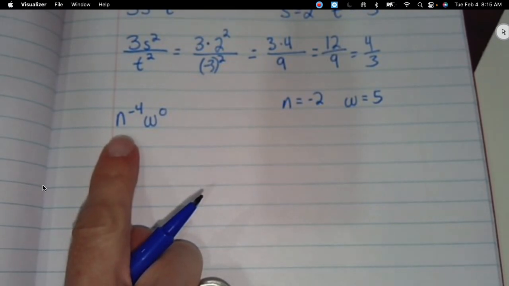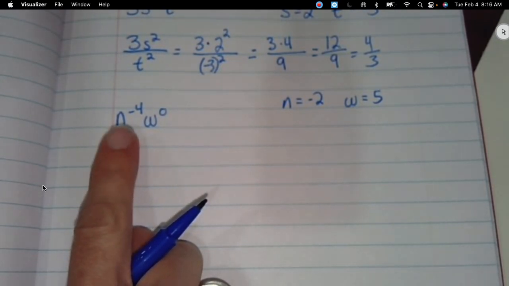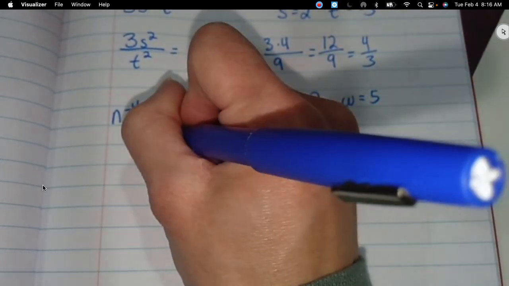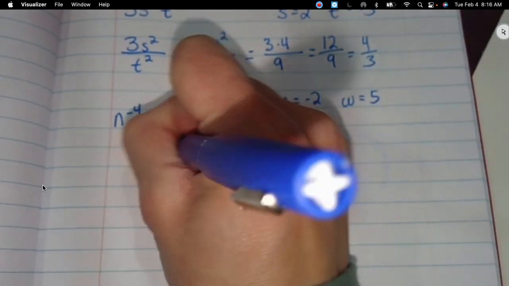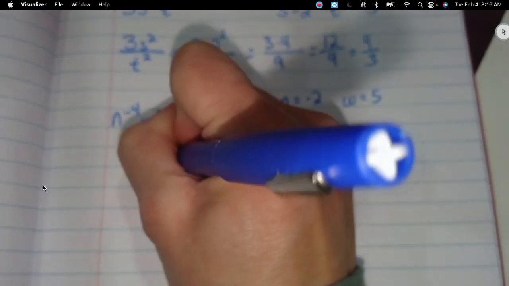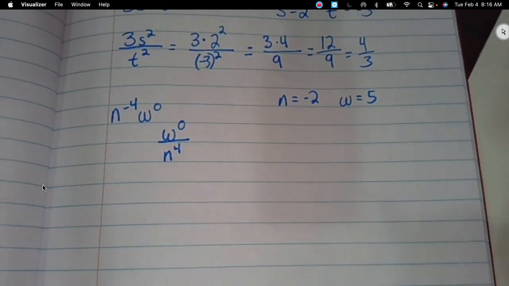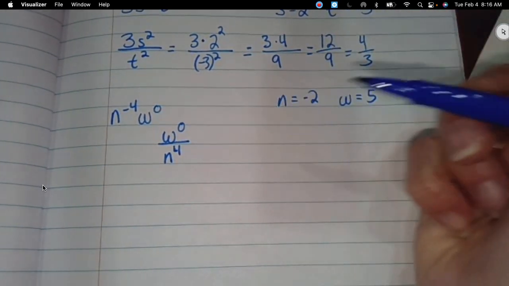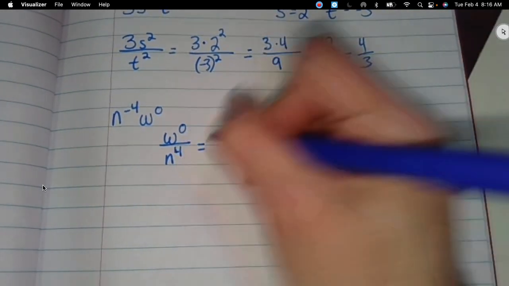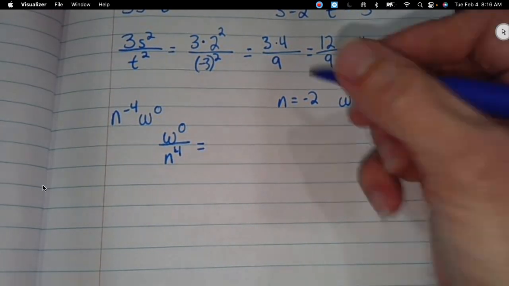What do I do with that negative exponent? Move it down. Move it. So I'm going to get w to the 0, which we should all know what that is, over n to the 4th. Now I don't have negative exponents. Now that looks much better. So we can plug in if we need to, all right?